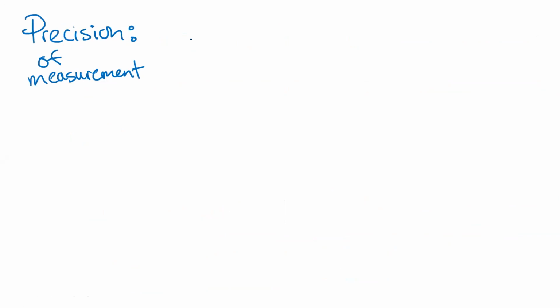precision of measurement, as I was saying from Google, the definition of precision of measurement refers to how close an agreement is between related measurements. So let's literally write that out.